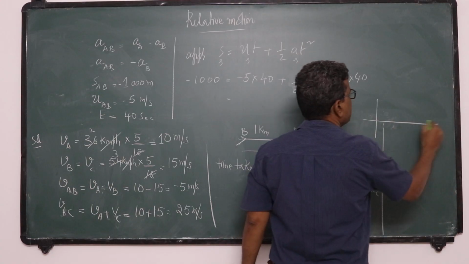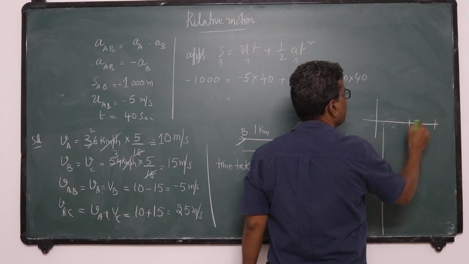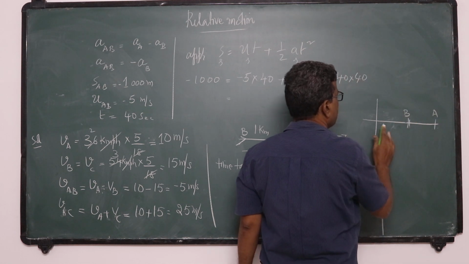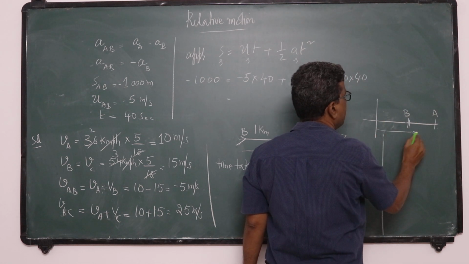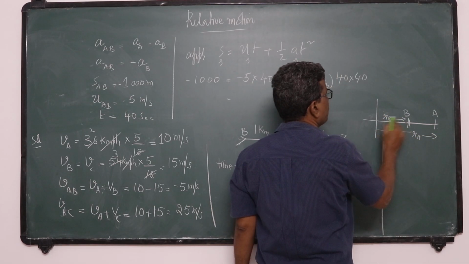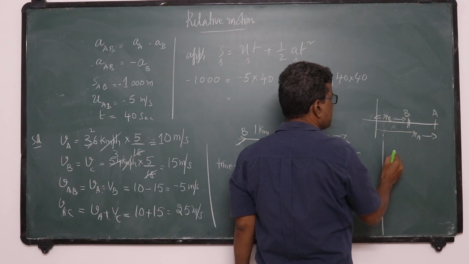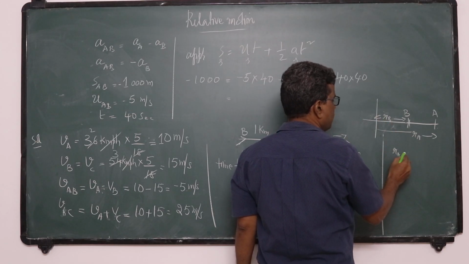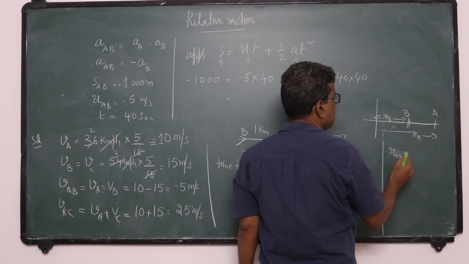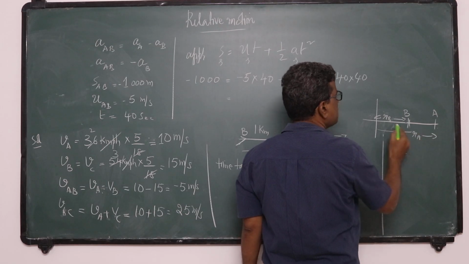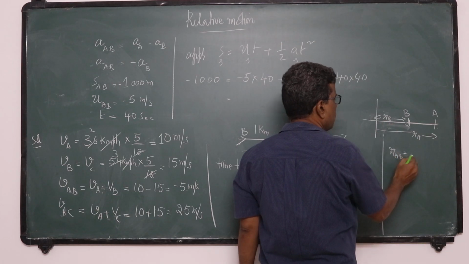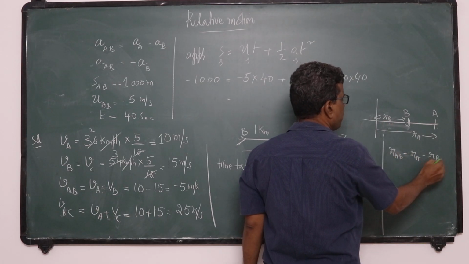I will explain here. Suppose A is here, B is here. This is RA and this is RB. What is the separation? RA with respect to B is RA minus RB.